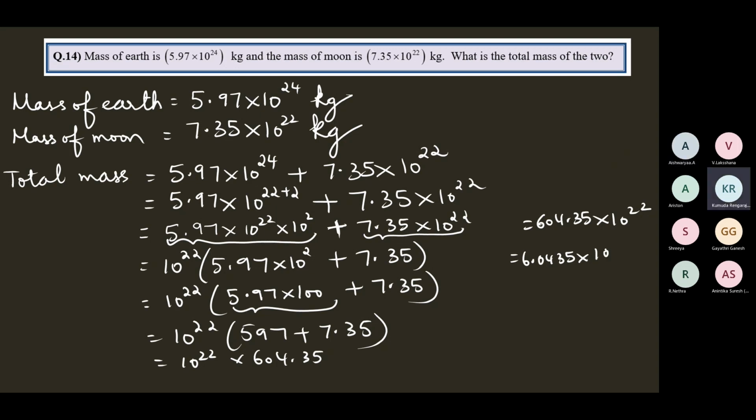You've reduced the value, 604 has become 6, so positive power, positive 2. Now this is 6.0435 into 10 power 2 into 10 power 22. It's multiplication, so add the powers: 2 plus 22, 10 power 24.